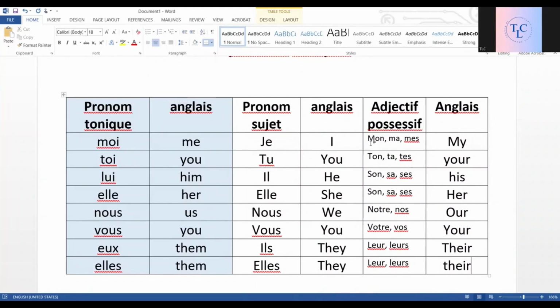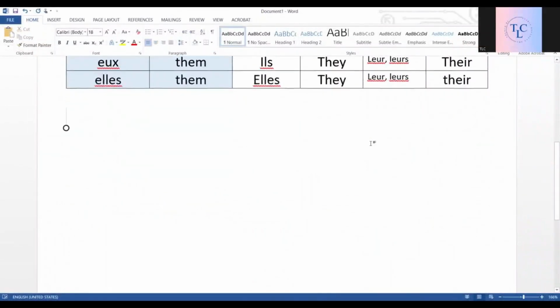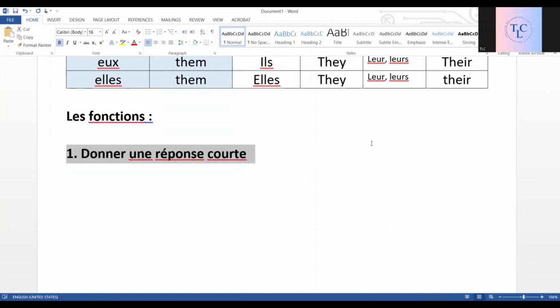Yes. Now, let's learn pronoms toniques a little bit in detail with their functions. Okay, les fonctions. So the first thing is donner une réponse courte, to give a short answer. Yes, if you want to answer in a single word or in two words without framing a sentence, like qui aime le chocolat, who likes chocolate.